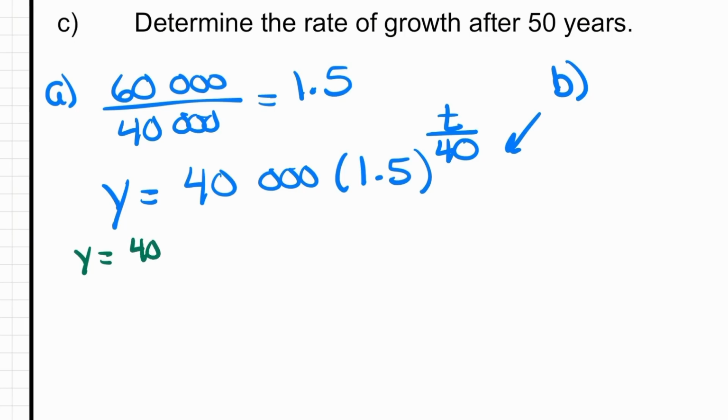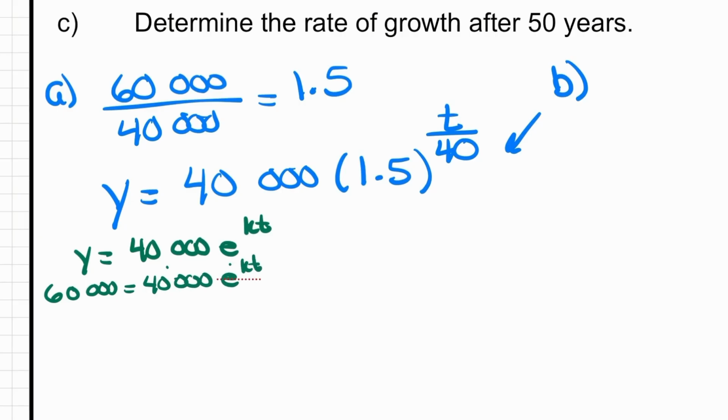So y equals 40,000 times e, Euler's number, raised to the kt, because remember this is c times e to the power of kt. We know that the population that we're finding is 60,000. That equals 40,000 e to the kt.